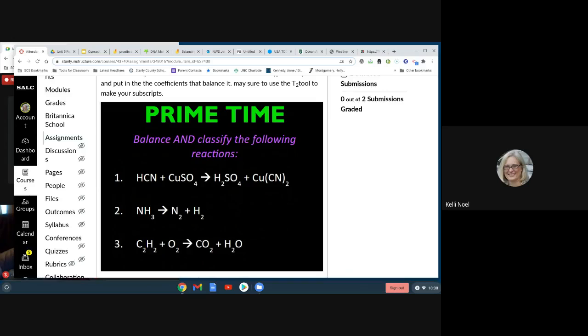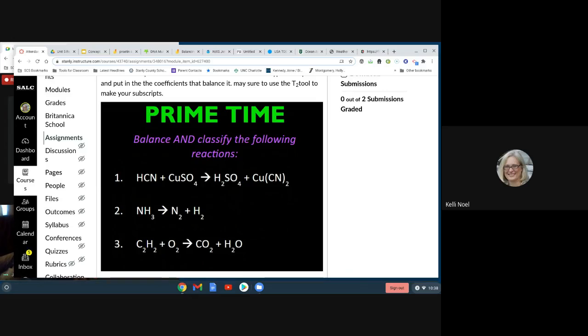All right. Then it says to classify. If you look at this, H is one thing, CN is one thing, Cu is one thing, and SO4 is one thing on the left-hand side. If you look on the right-hand side, you can see that the Cu and the H switch places. They're now bound with the other substance.